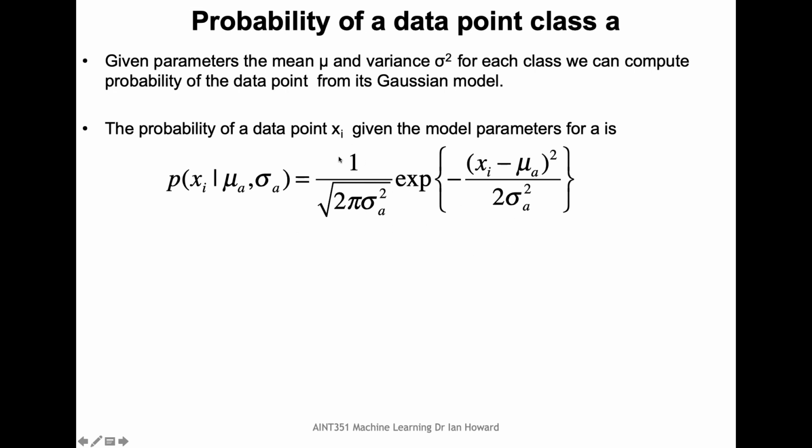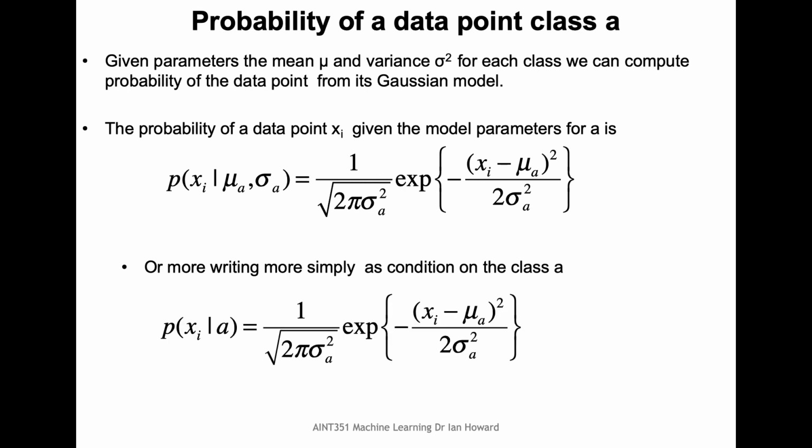So we're going to have scaling factor 1 divided by the square root of 2 pi sigma squared for A, multiplied by the exponential of minus xi minus mu A squared divided by, don't forget the minus sign, 2 sigma squared for A. And we can write that in a slightly simpler way.